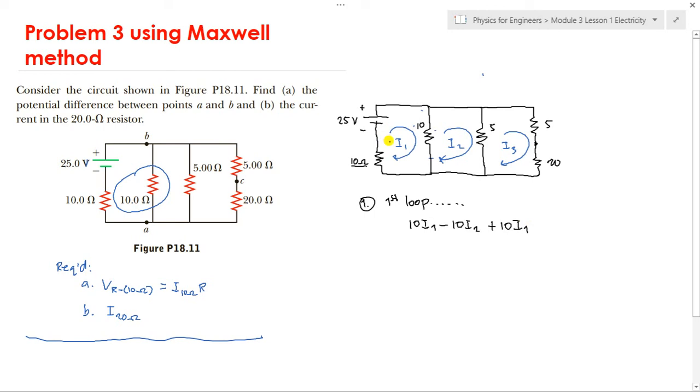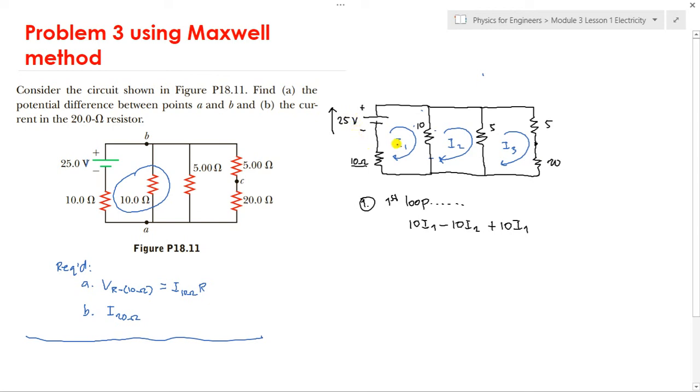Next, it passes through a battery. As you can see, when passing through a battery, our convention is from negative to positive, right? The direction goes up. So from negative to positive.